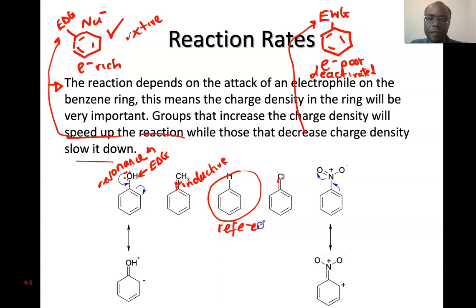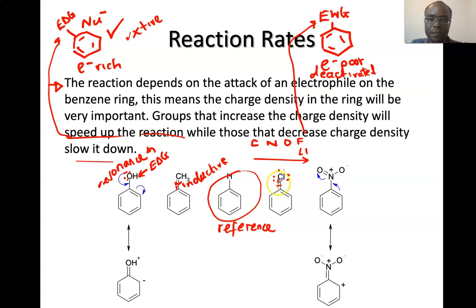Now, halogens like chlorine are special. We know that halogens are in group 7. They are further to the right of the periodic table. Electronegativity increases across the periodic table, so they're electron withdrawing. So one would expect them to be very deactivating, but they are not very deactivating because they do have 3 lone pairs.